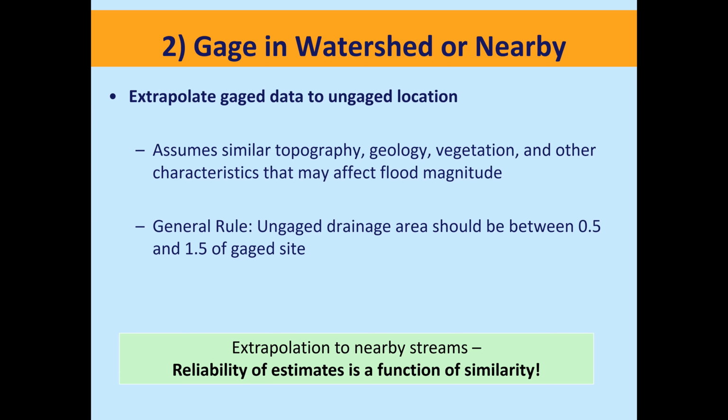And a general rule of thumb for using these equations from USGS for relating those two, with the regression equation for your site and the overall gauge record, is using 0.5 to 1.5 times the gauge site's watershed area.